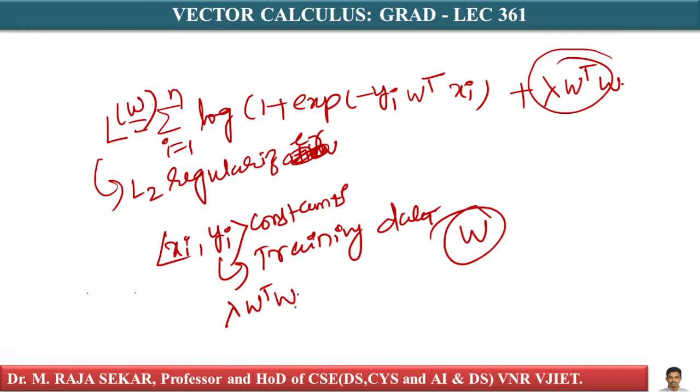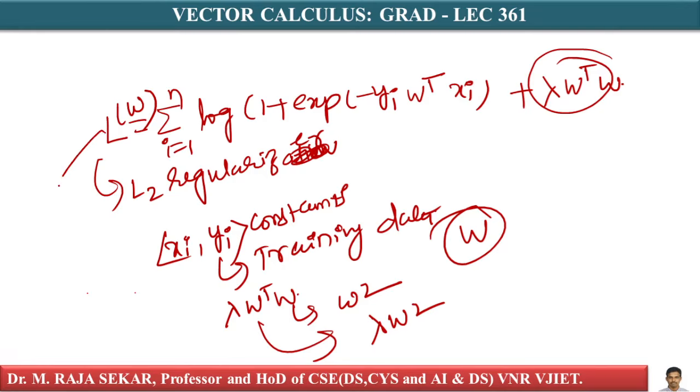It is just like w square. Just refer to my vector dot product lecture. You can write it as w square. For a second, forget that w is a vector and think w transpose w is w square. What is the differentiation of lambda into w square?